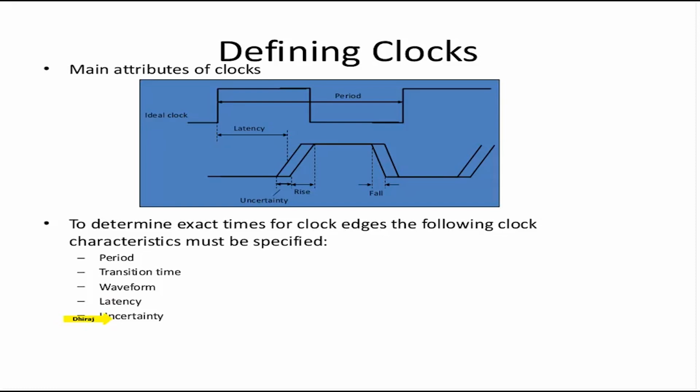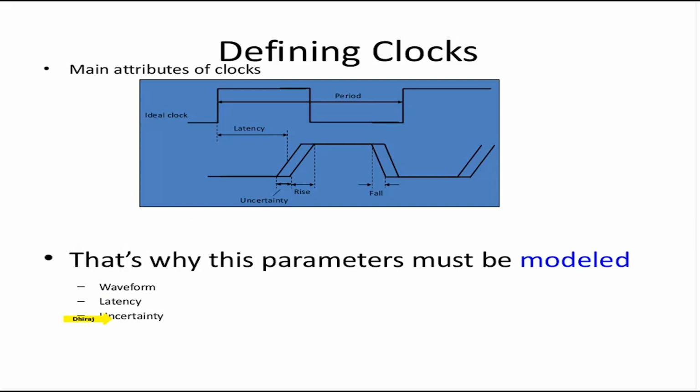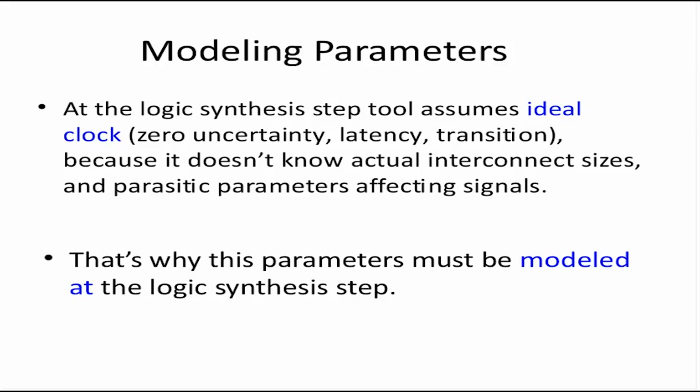Even if you say that the PLL gives a 10 nanosecond clock, the two edges will have some jitter, so the period will be very close to 10 in most cases, but not exactly 10. So uncertainty represents that physical effect. At synthesis level, the tool will assume an ideal clock.